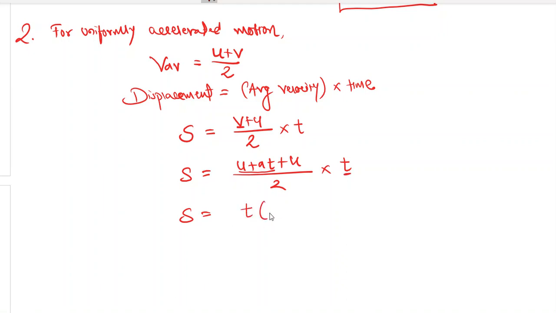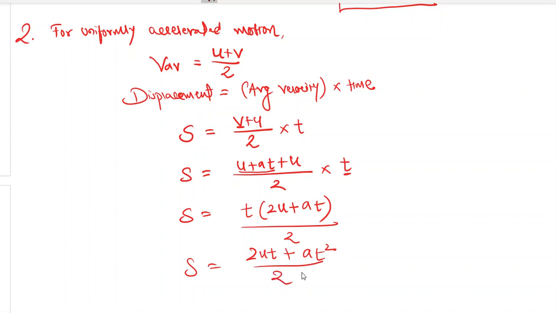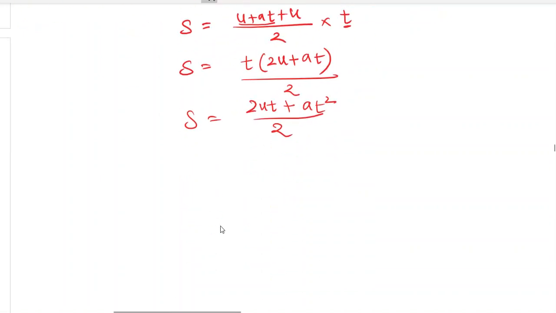Numerator will become t bracket (2u plus at) the whole upon 2, which is (2ut plus at square) the whole upon 2. Let's divide both the terms by 2. 2ut by 2 plus at square by 2.